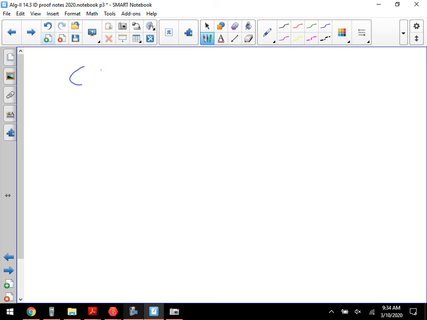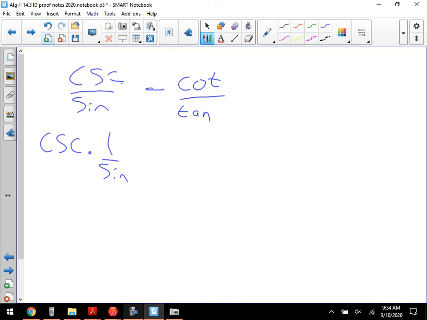10 we have cosecant over sine minus cotangent over tangent. Same basic idea. Split them apart. We get cosecant times 1 over sine minus cotangent times 1 over tangent. I know 1 over sine is cosecant.